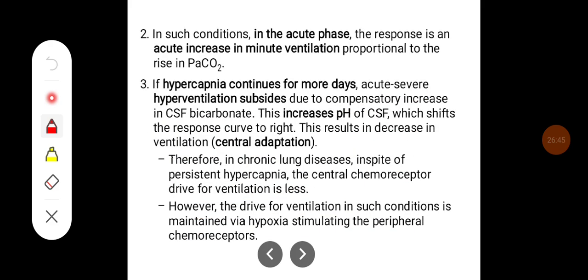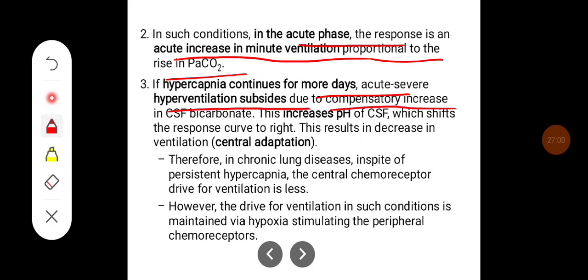In such conditions, in the acute phase, the response is an acute increase in minute ventilation proportional to the rise in PaCO₂. If hypercapnia continues for more days, acute severe hyperventilation subsides due to the compensatory increase in CSF bicarbonate. This increases the pH of CSF, which shifts the response curve to the right.